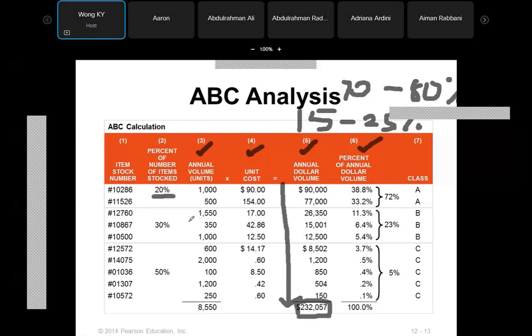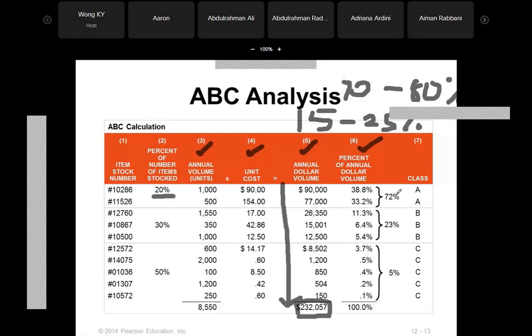Class B will account for about 30% of the total inventory items and about 15 to 25% of the annual dollar values. And class C normally accounts for 50% of the total inventory items and 5% of the annual dollar values. So this is how we classify the inventory items into class A, class B, and class C. Okay, is that clear? Any question?